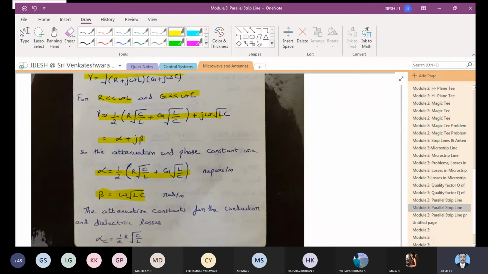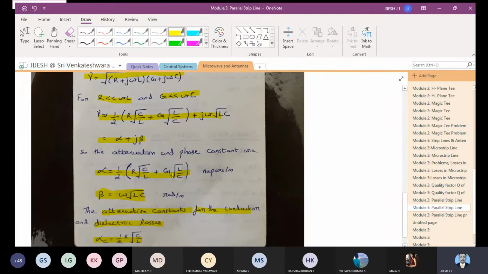Yes. We have one more equation here, the attenuation constant for the conductor and dielectric losses, alpha C. Alpha C is written as 1 by 2 R root of C by L. You can see it is the same as alpha, which is 1 by 2 R root of C by L plus G root of L by C. We are just going to split it into two. Alpha is a combination of the conductor and the dielectric losses, so we have two equations here.